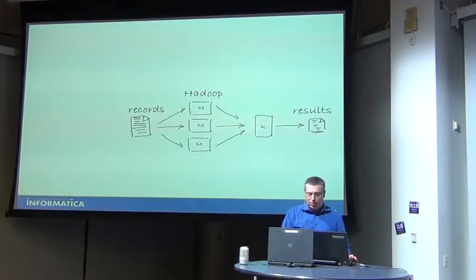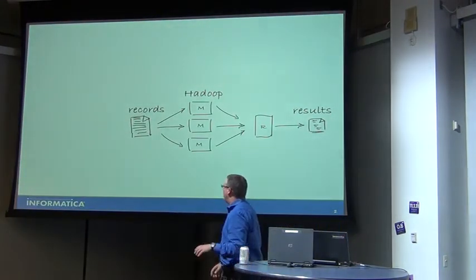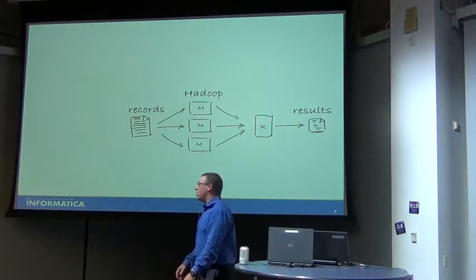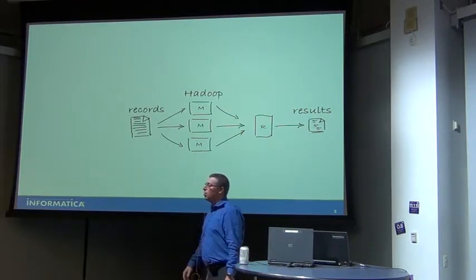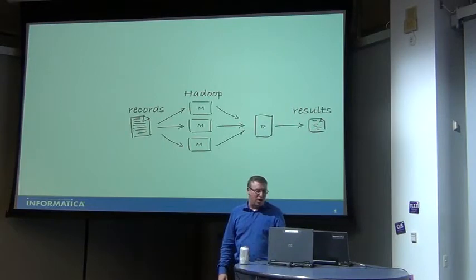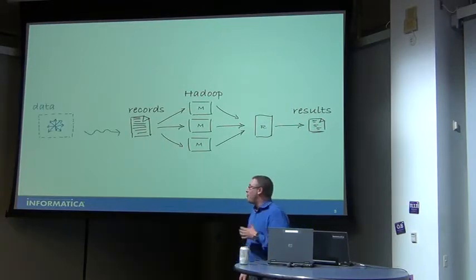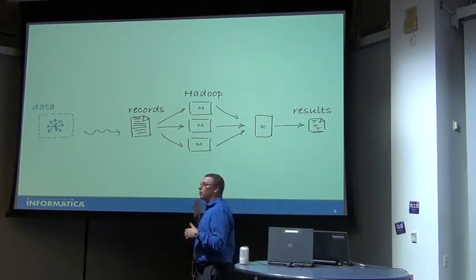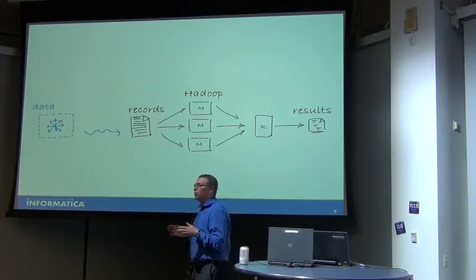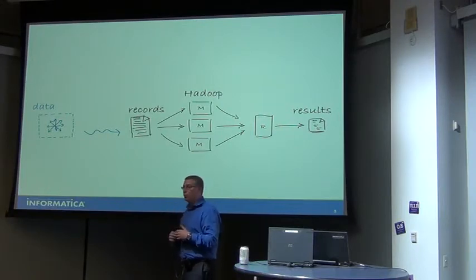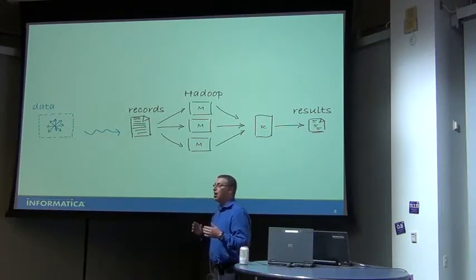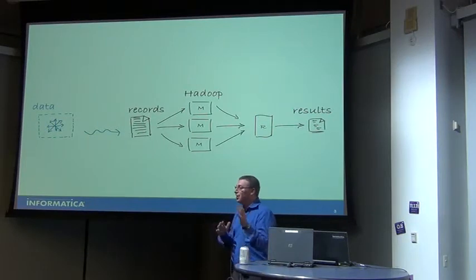I'm here to talk to you about the HParser, and a lot of the use cases that I've seen out there are actually dealing with records, log files, and so on. However, from my experience doing a lot of data integration and data processing, a lot of the records out there are actually not as simple and flat that they could easily go through a MapReduce process. Some of the data out there is actually pretty complex, coming in a variety of ways.